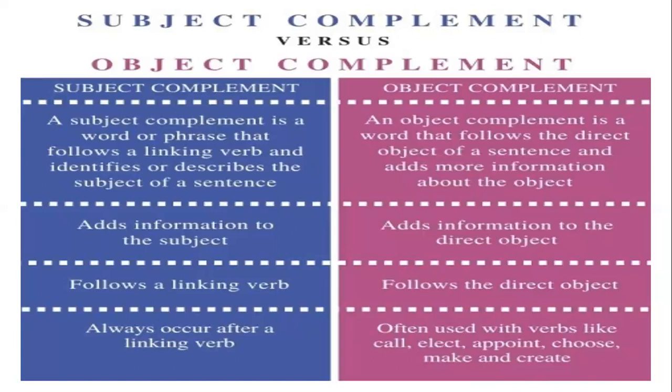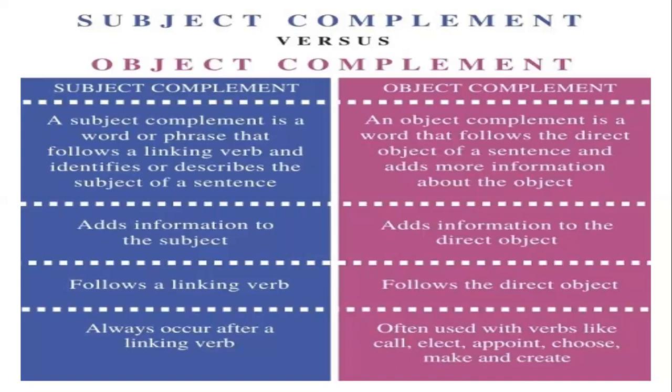Okay, now a subject complement adds information to the subject. On the other hand, an object complement adds information to the direct object. Please note, direct object. Then the next difference: a subject complement follows a linking verb. On the other hand, an object complement follows the direct object, and this is a very important difference.